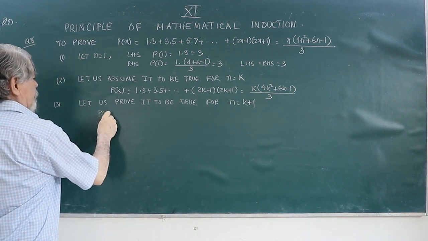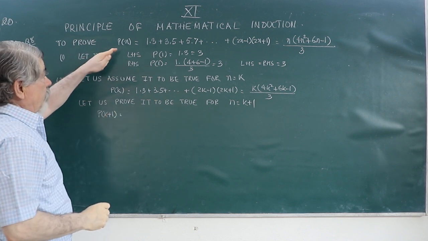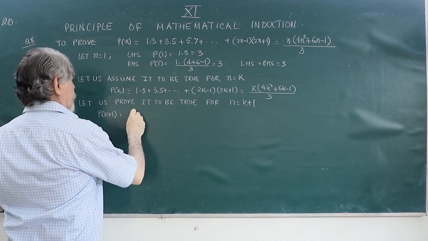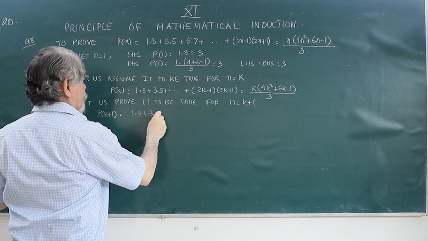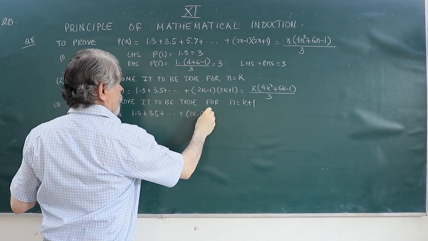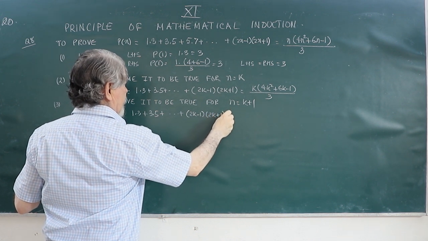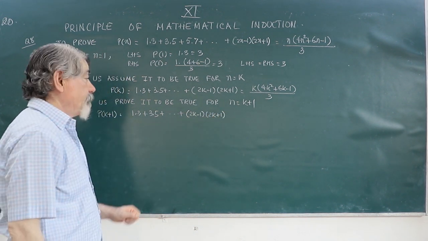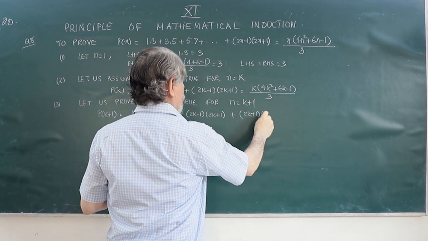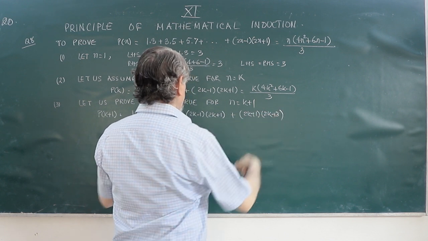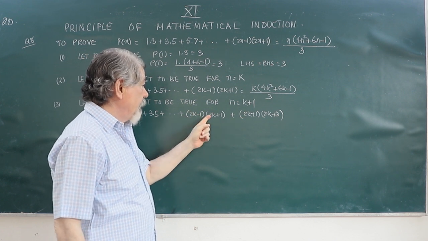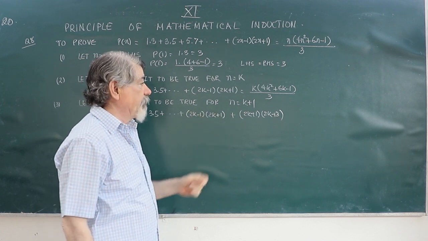P(k plus 1): 1 into 3 plus 3 into 5 plus ... plus (2k minus 1)(2k plus 1), and now k is replaced by k plus 1, so the next term will become (2k plus 1) and (2k plus 3), because if you replace k by k plus 1, 2k plus 2 minus 1 is 2k plus 1, and 2k plus 2 plus 1 is 2k plus 3.